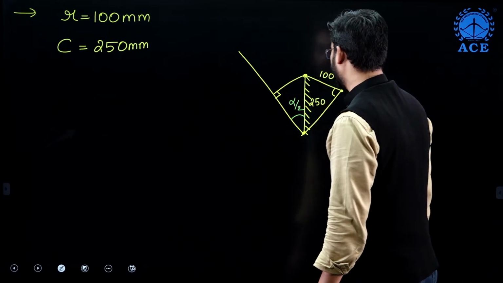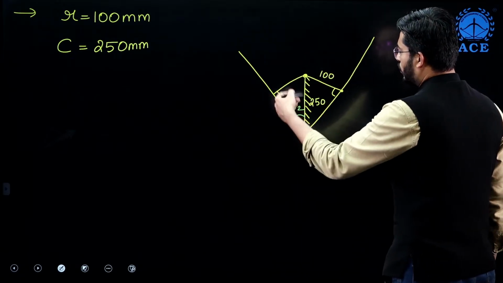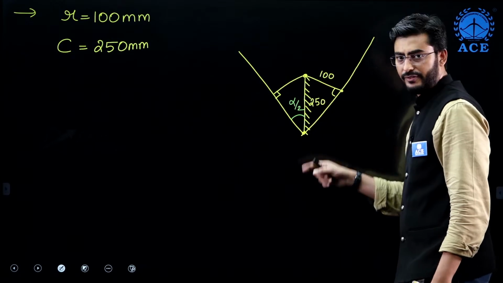So here, opposite to alpha by 2 we have 100 and 250 here.